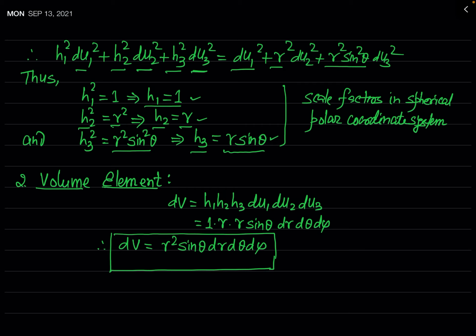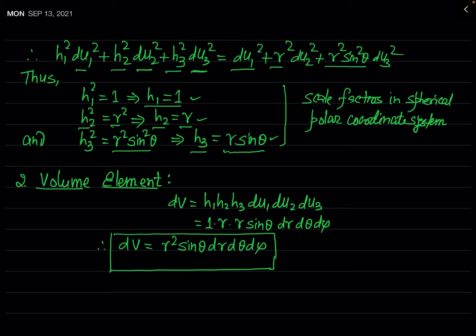Now once we know the values of these scale factors, it will be very easy to calculate all those things which we have discussed in the previous lectures. So first of all, I am going to find the expression for the volume element in a spherical polar coordinate system.